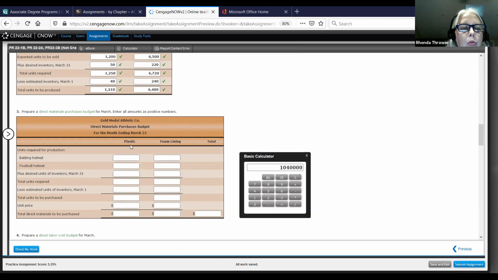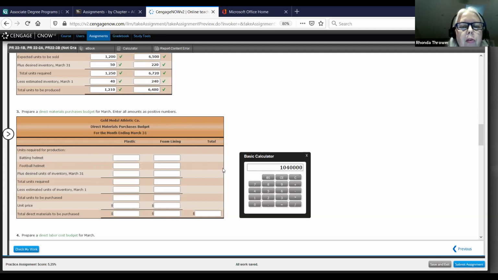So we're going to be looking for plastic, to see how much it takes to produce the batting helmets, and what we want to know is the total number of pounds of plastic that we're going to need to purchase that is required for the batting helmets.